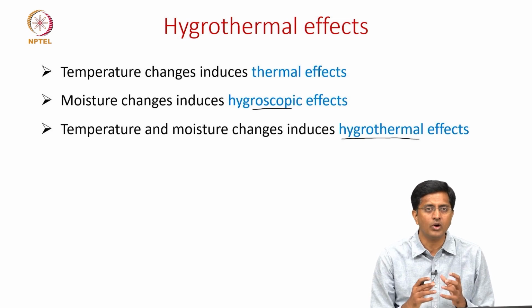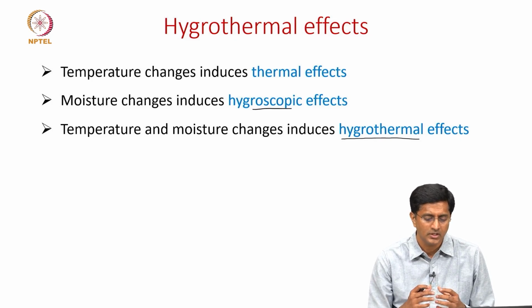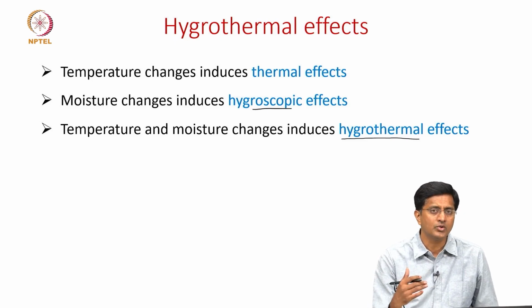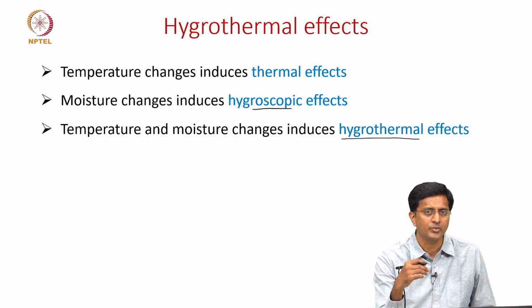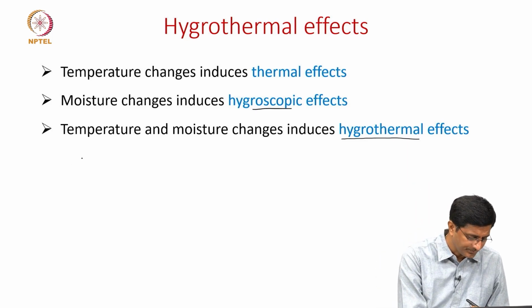That's exactly what we'll be discussing in this video, to see how these hygrothermal effects affect the stress strain relations. Before we start discussing orthotropic material, let's look at how temperature affects isotropic materials like aluminum and steel.